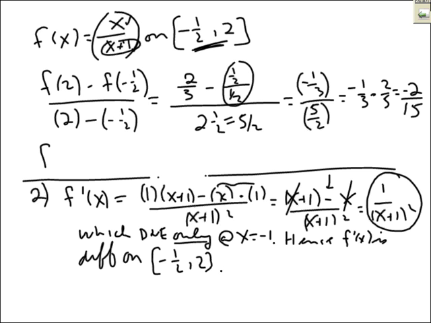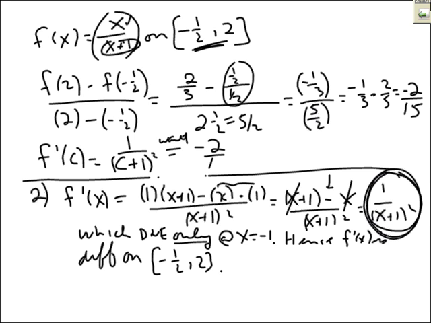And we want f prime of c, which is, since this is f of x, then f prime of c is just 1 over c plus 1 squared. We want this to equal negative 2 over 15. That's what we want. Okay, so we need to find that c value that will do this.